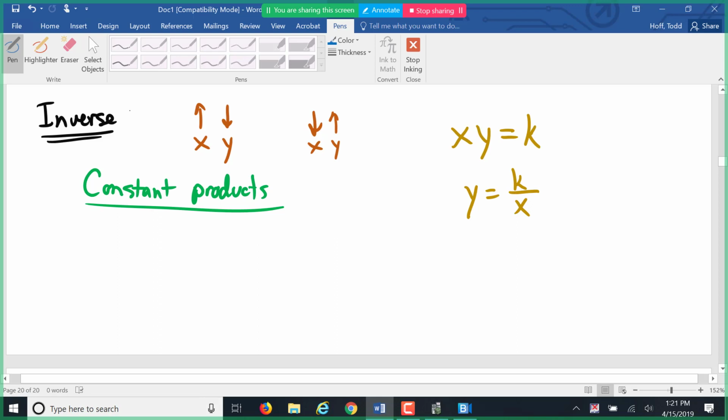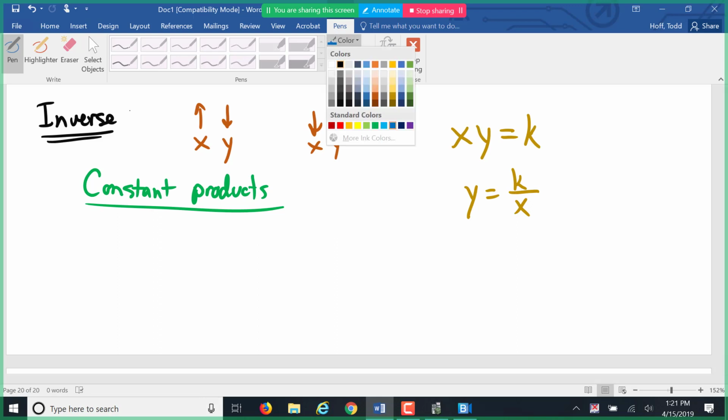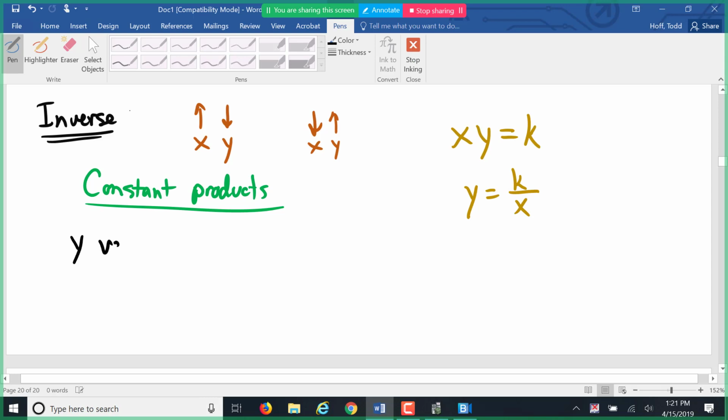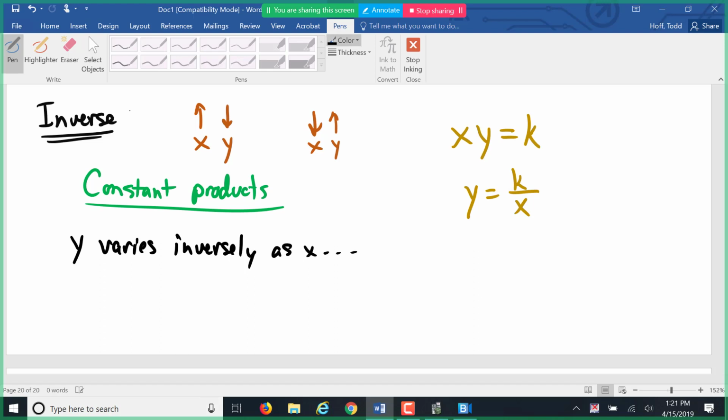So if I'm told, or we're given, y varies inversely as x, that's telling us y equals a constant divided by x.